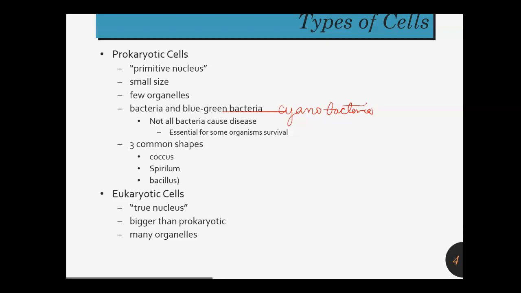But the eukaryotic cell has mitochondria, and some of the cells have chloroplasts, Golgi apparatus, and lysosomes, and the list just continues, and we'll get into those a little bit later. The four kingdoms are Plantae, Animalia, Fungi, and Protista. So in this category, we have the plants, the animals, the fungi, and the protists.